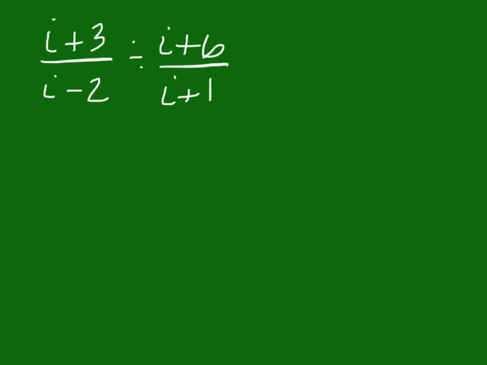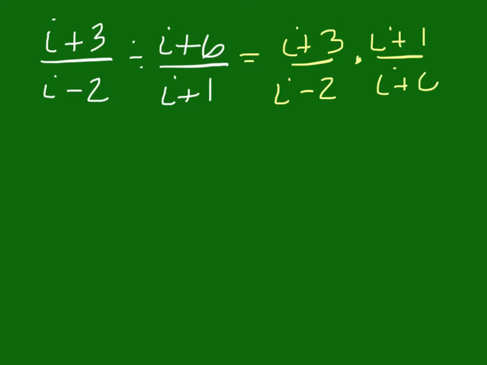On the practice problem, we have to flip it first, so we have (i + 3)/(i - 2) times (i + 1)/(i + 6). That's going to give us i squared plus i plus 3i plus 3.